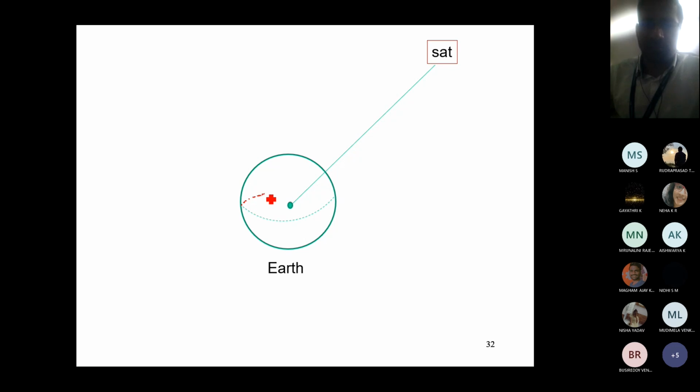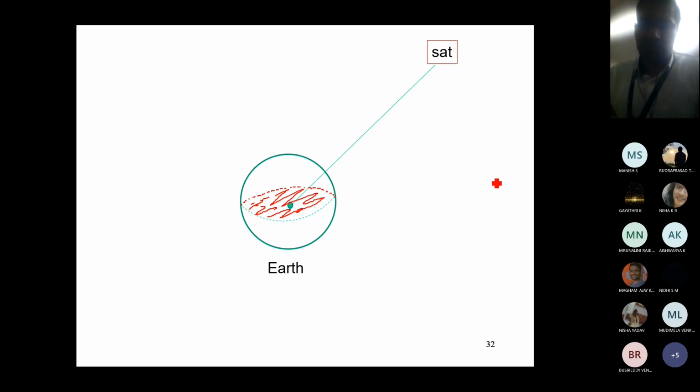My drawings might not be accurate, but make an assumption. So this is the equatorial line, and this particular thing represents the equatorial plane. That means if you horizontally make a cross section along the equatorial line, that particular plane we call the equatorial plane.